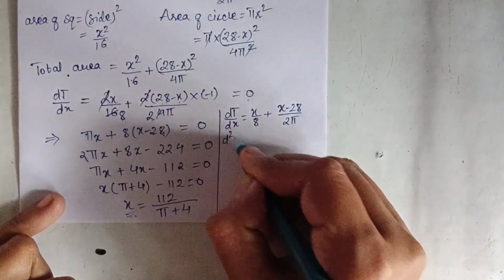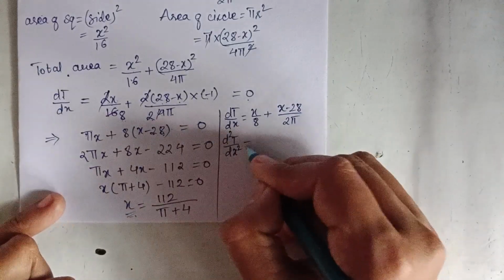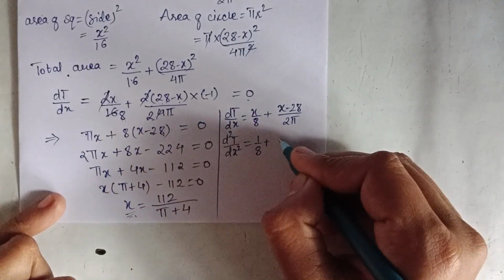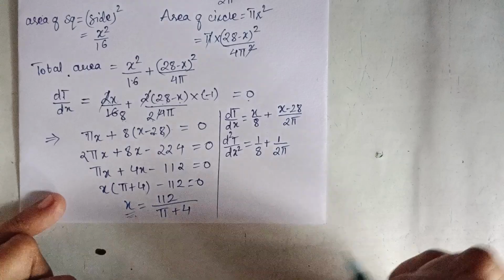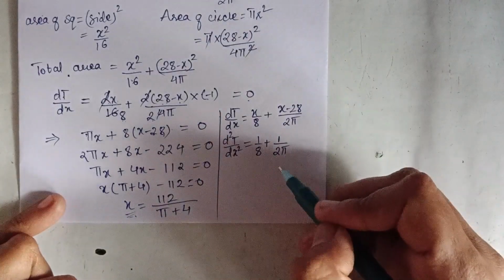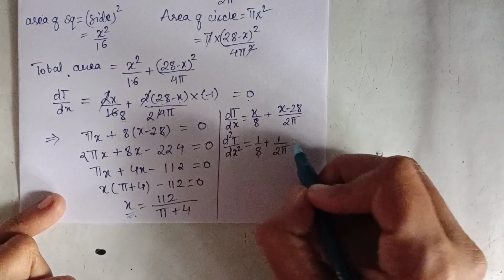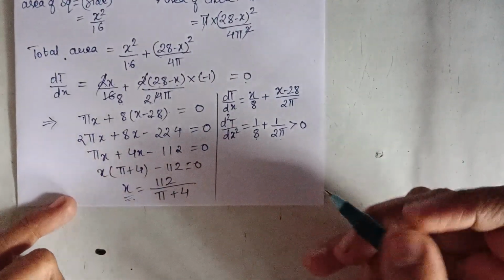So d square by dt is 1 by 8 plus 1 upon 2 pi. Obviously both are positive, so this is greater than 0.